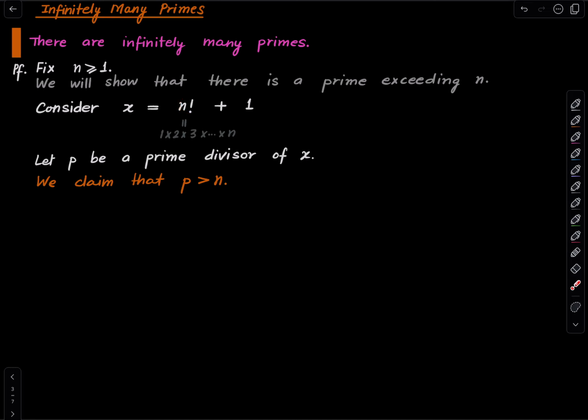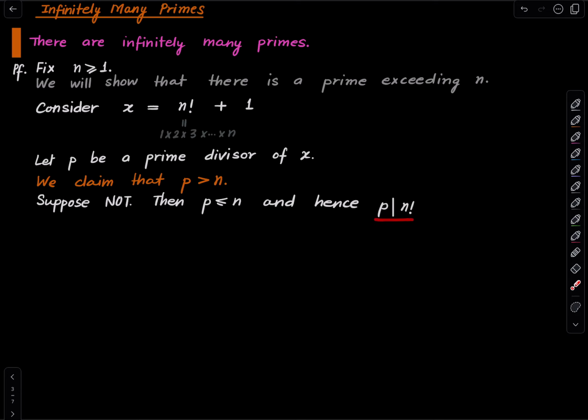Assume on the contrary that p is at most n, and hence p divides n factorial, because n factorial is precisely the product of all the things which are at most n.